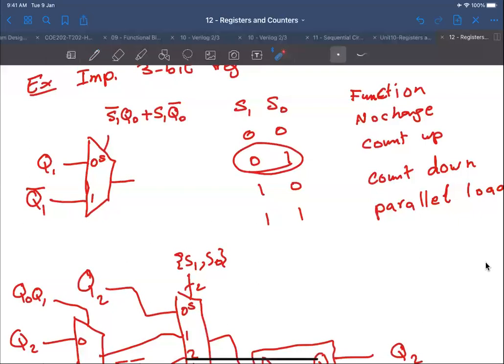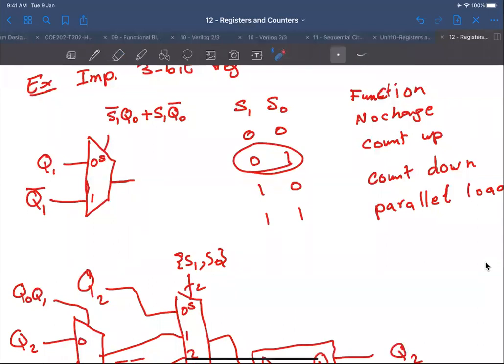So think, how can you minimize and optimize this circuit further? I will do that, inshallah, in the notes, but think how to do it yourself. Any question?